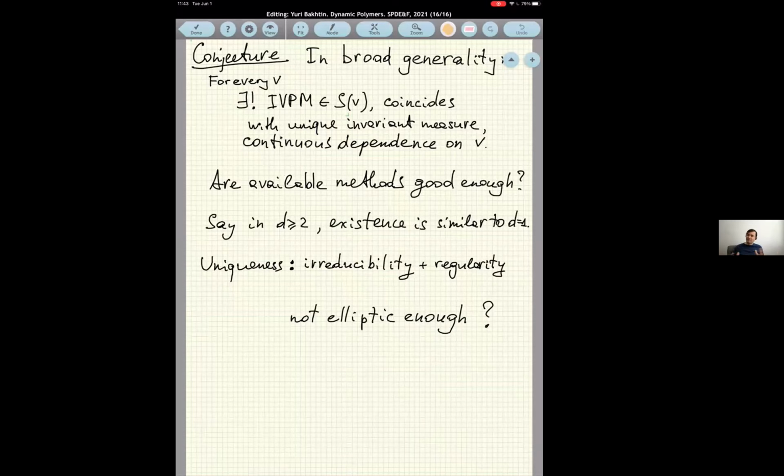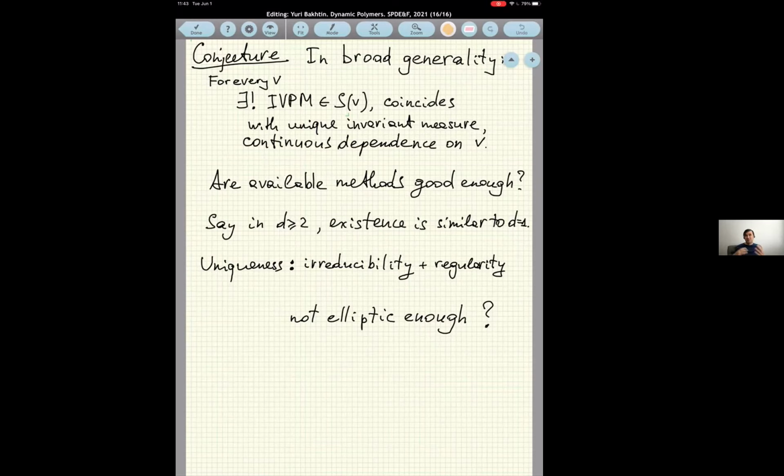Now, in this paper, what we did is, we took the case of the one-dimensional Burgers equation and the associated polymers, and we used the static polymers to deduce all kinds of information about dynamic polymers. My hope is actually that the dynamical polymers will be useful in deducing various properties of Gibbs measures.